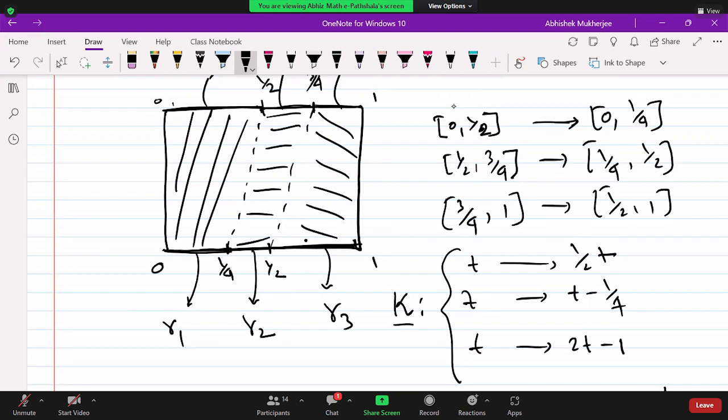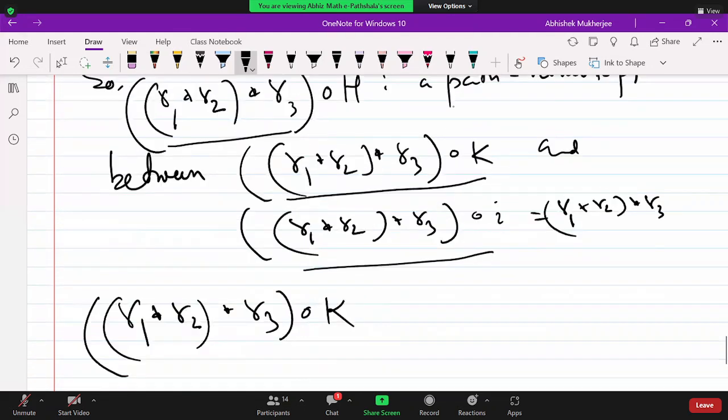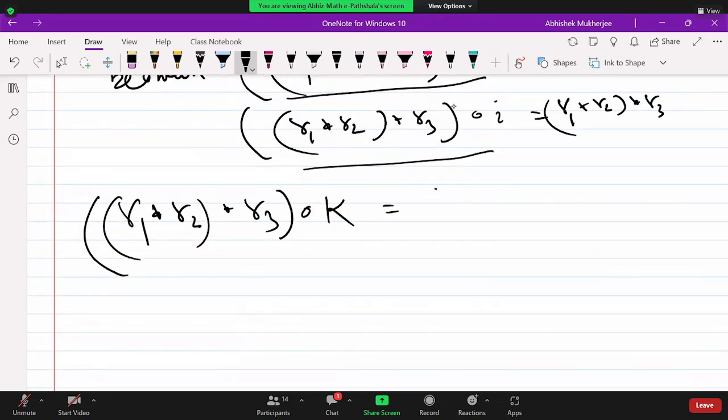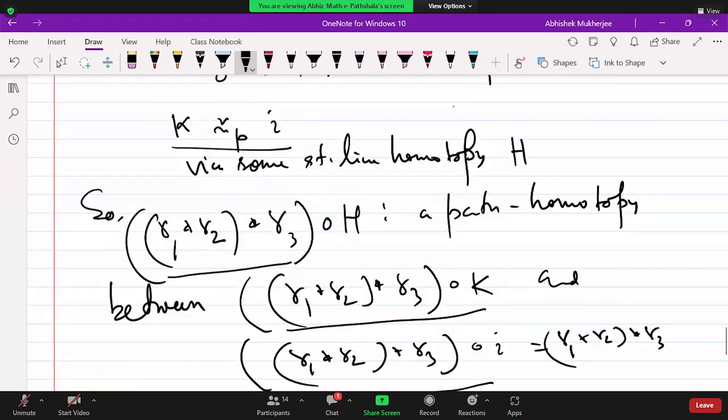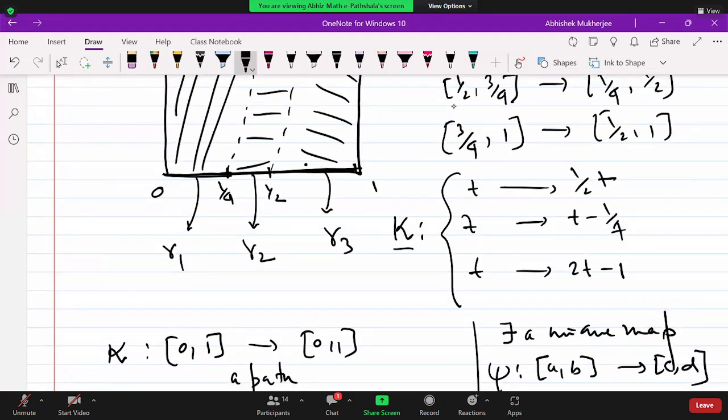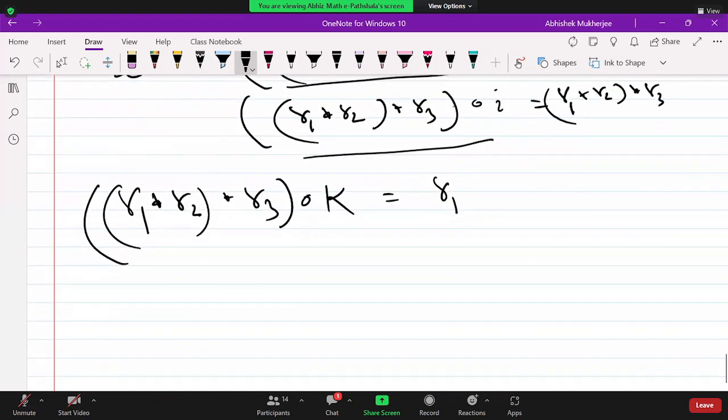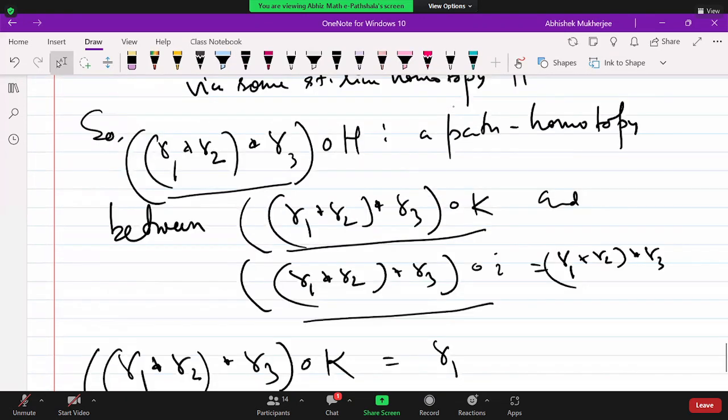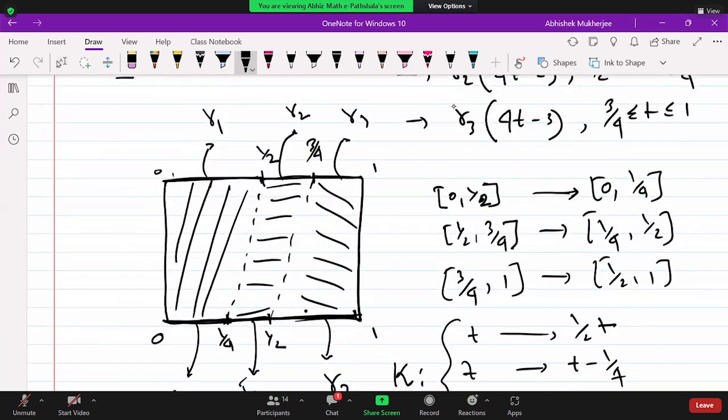So along this map, you can change the parameter to get gamma 1, right? Just look at this diagram. This has been occupied by gamma 1, this by gamma 2, this by gamma 3. So this will be mapped to the top side, that is gamma 1 star, bracket gamma 2 star gamma 3, right?